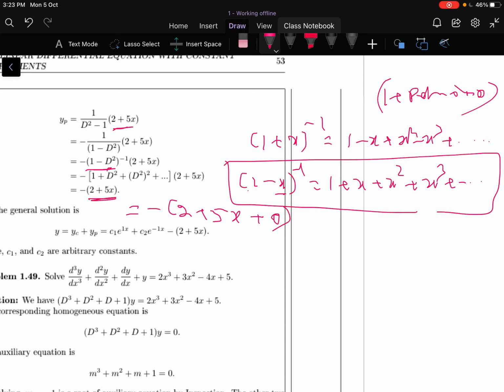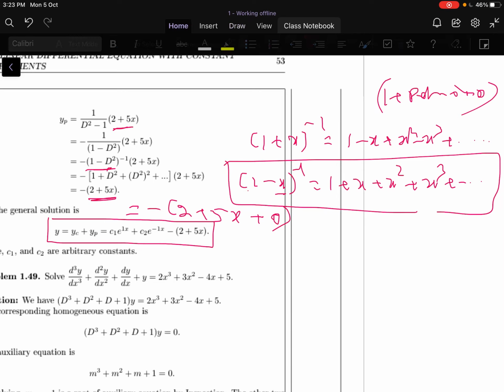So the solution is minus of 2 plus 5x. This is the particular integral of the given differential equation. Therefore the general solution is yc plus yp, where yc is c1 into e power x plus c2 into e power minus x, plus yp, which is minus of 2 plus 5x.